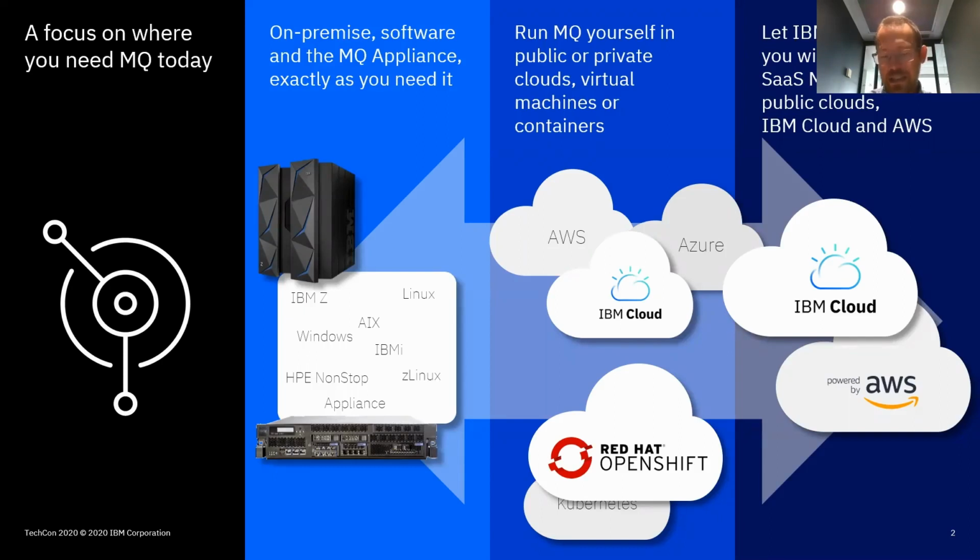And of course, traditionally they were all running on-prem on a variety of different platforms, and over the last 5+ years, that set of platforms has expanded very, very rapidly to include a wide variety of clouds, containers, managed containers, so things like Red Hat OpenShift and Kubernetes, and of course as a service environments as well. And MQ plays its part in all of these.